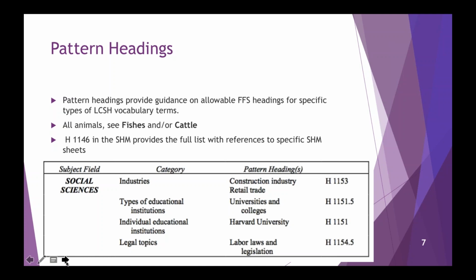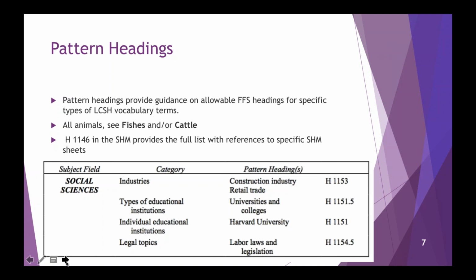So for any animal on the planet that you need to classify using LCSH, if you go to fishes or cattle and look at those, you will see underneath that all of the applicable free-floating subject terms that can be used with any type of animal.